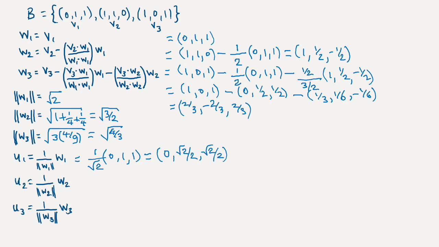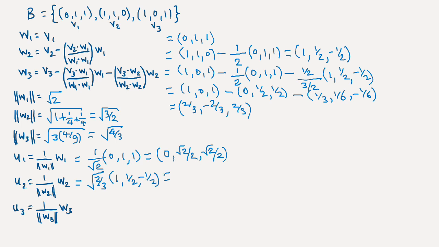It's our first vector. Then the second one is going to be 1 over the length of W2, and the length of W2 is the square root of 3 over 2. So if I flip that up the other way, we'll have square root 2 over 3, and then that's multiplying the vector 1, 1/2, minus 1/2.